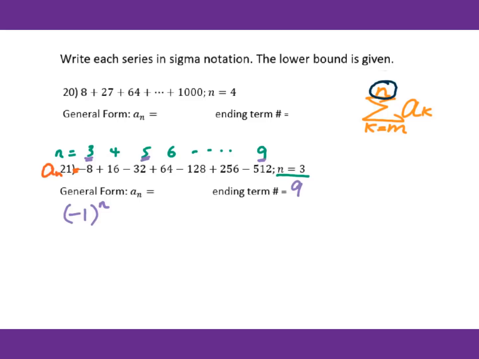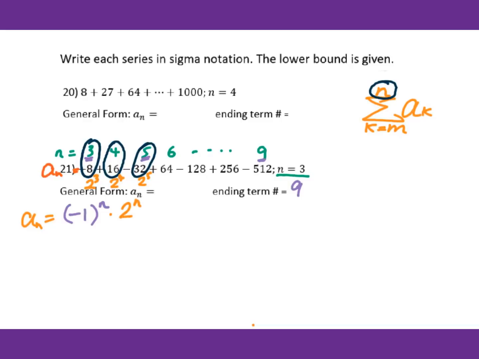Now we need to figure out the relationship between 3 and 8, 4 and 16, 5 and 32. You could see that 2 to the third power is 8, 2 to the fourth power is 16, 2 to the fifth power, that's 32. Therefore, a sub n equals -1 to the nth power times 2 to the nth power.